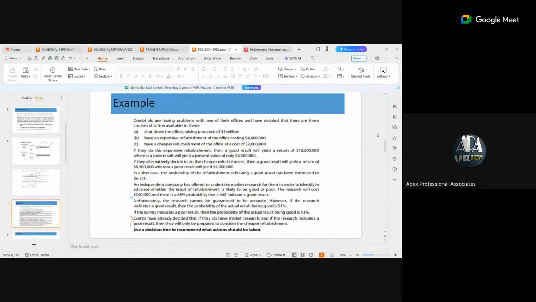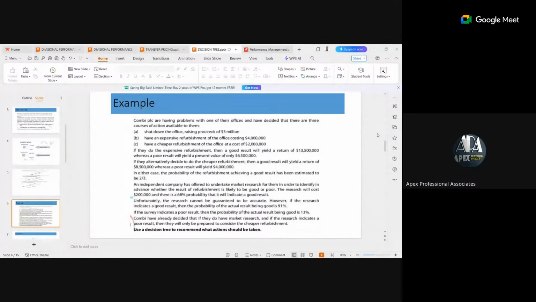Now, Kobe PLC, they await the outcome of market research. That if the market research is good or poor, we now determine what decision they will take.